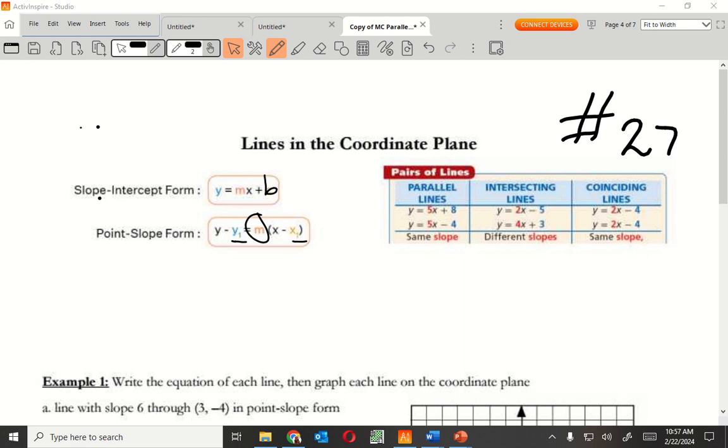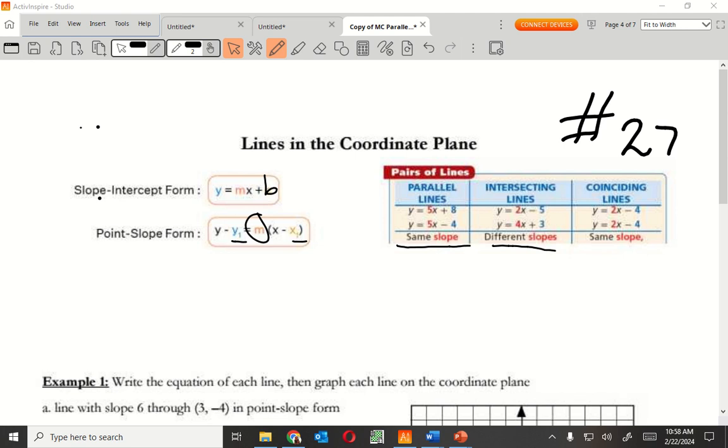So we know that parallel lines have the same slope right here. Intersecting lines, these ones right here, that means that they are different slopes. So that means that eventually any line that has different slopes will eventually intersect.